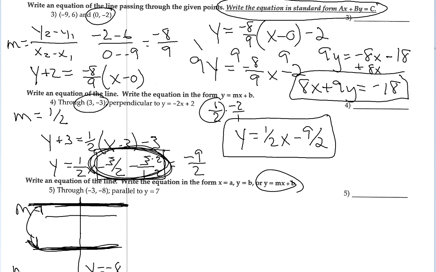So if m equals 0, I could write this equation out as y minus 7 equals 0, the slope, times x minus -3, which would be +3.